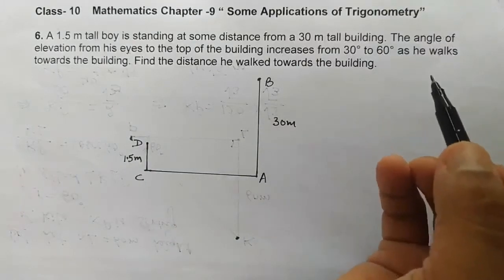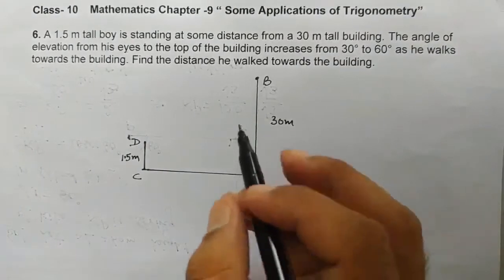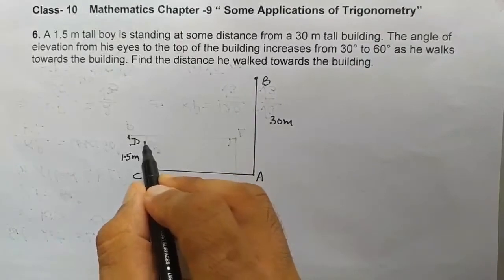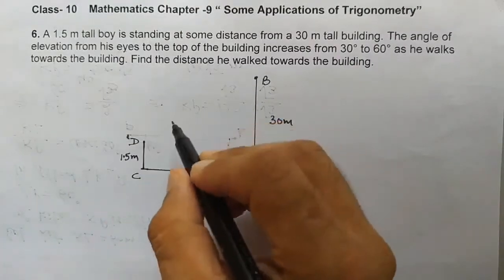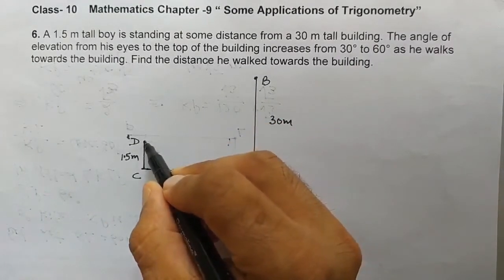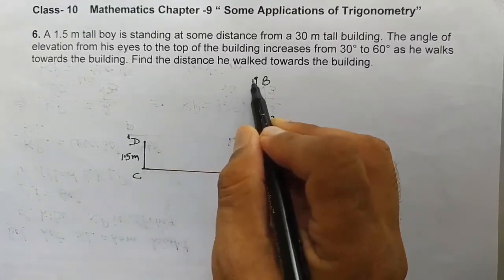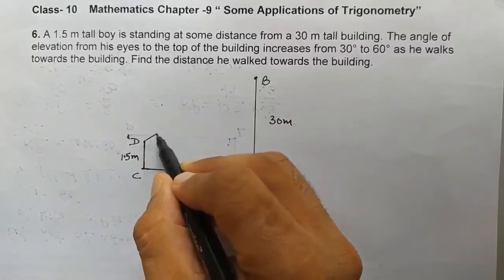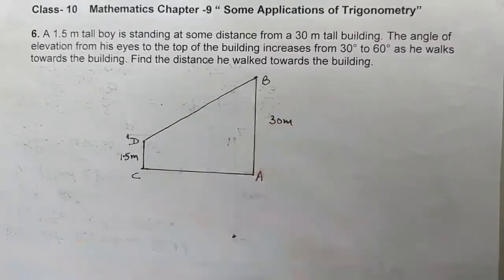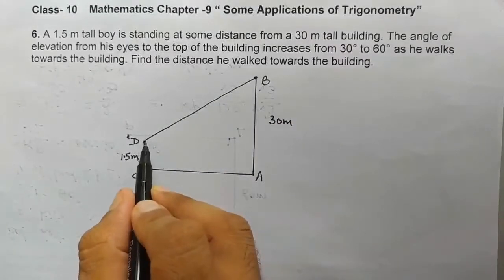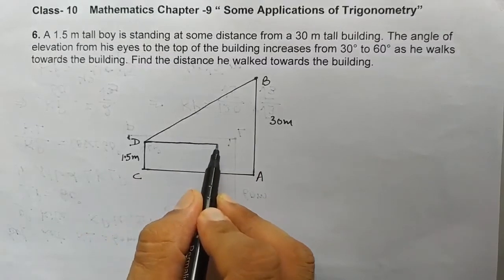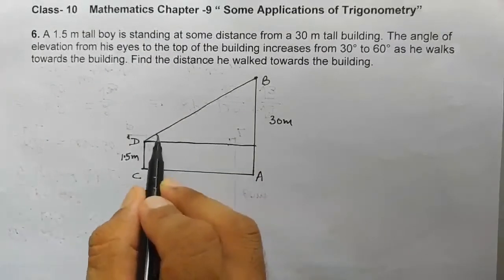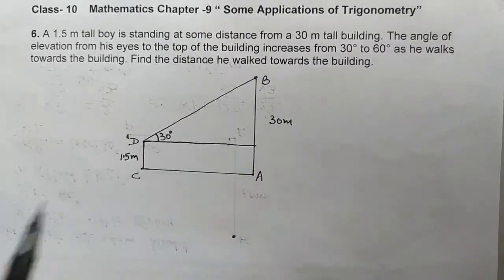Okay, so first of all, let's see how it is 30 degree. See here, this is the eye of this boy. You know, the angle of elevation is the angle between the ray of sight and the horizontal. When he sees the top of the building, this will be the ray of sight, and this is the horizontal of the eye of the observer. So this angle is 30 degree given, right?